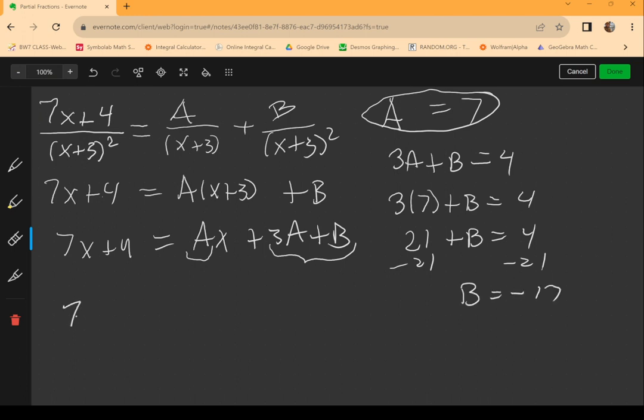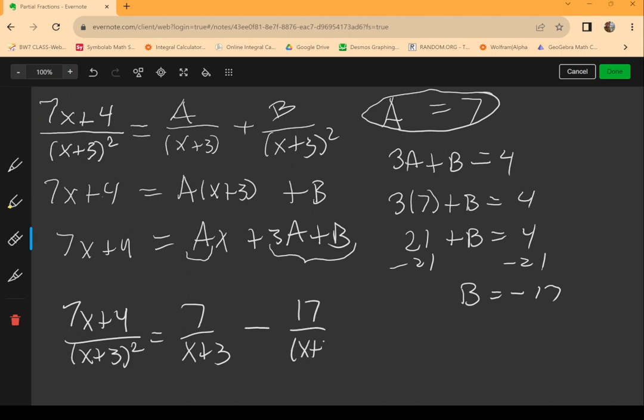So now we have a partial fraction decomposition here, where a is 7 over x plus 3, and here minus 17 over x plus 3 squared. Or you can think of it as plus and then a negative 17 in the numerator.